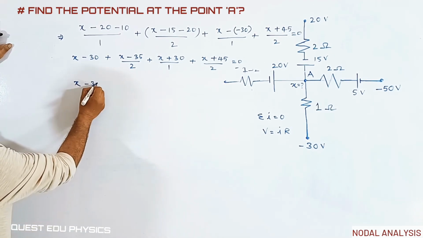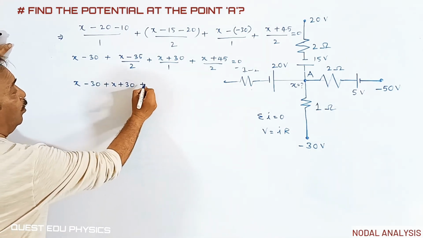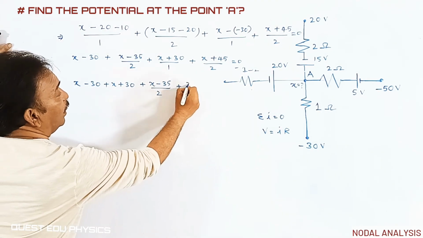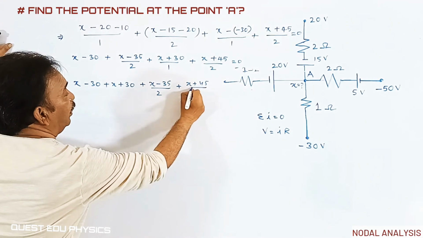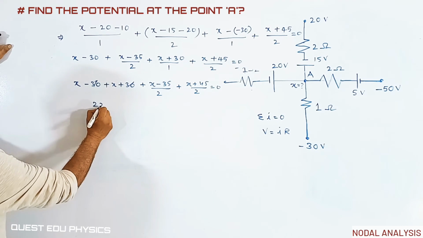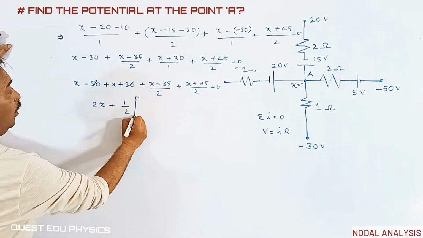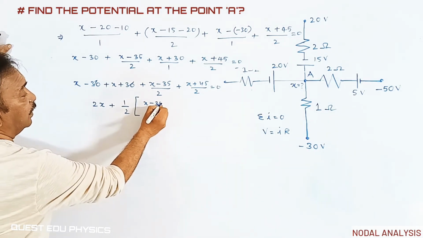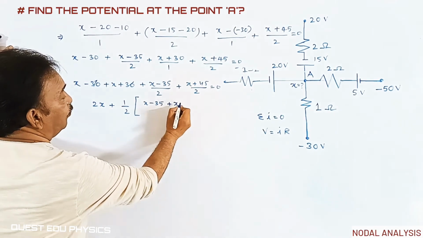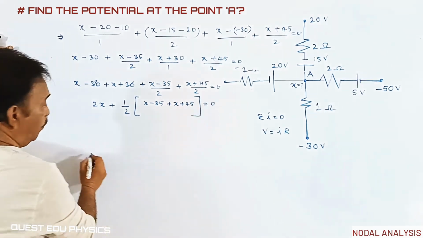X minus 30 plus X plus 30 plus X minus 35 by 2 plus X plus 45 by 2 is equal to 0. Here 30 gets cancelled. It is 2x. We are taking 1 by 2 as common: 1 by 2 of X minus 35 plus X plus 45 is equal to 0.